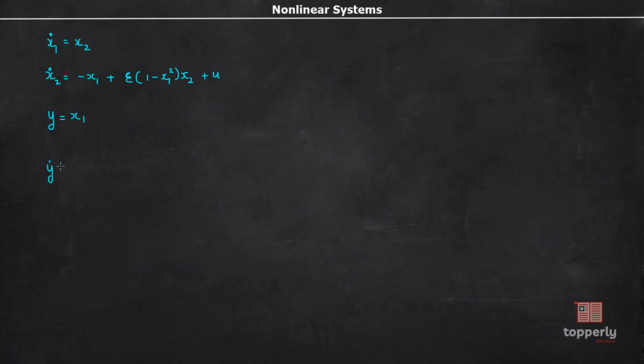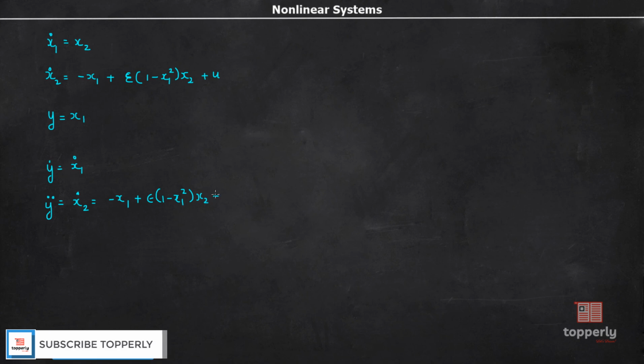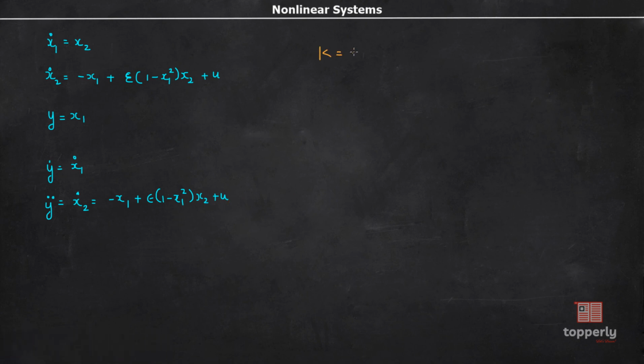Differentiating the output, y dot is equal to x1 dot and y double dot is equal to x2 dot, which is minus x1 plus epsilon into 1 minus x1 square into x2 plus u. You can see that in the second differential, the input u is explicitly appearing, so the relative degree k of the system is 2, and this is equal to the order of the system, as you can see from the equation. So as you learned, this system is fully feedback linearizable.